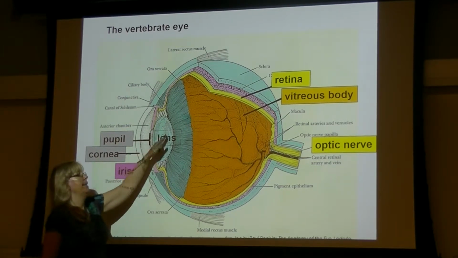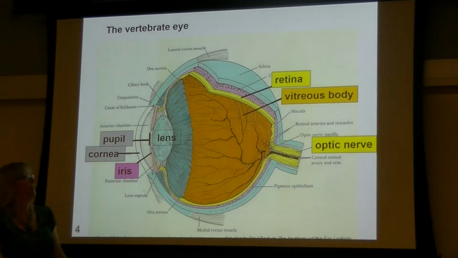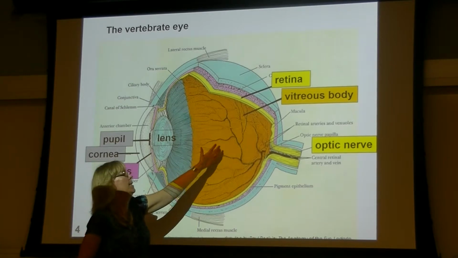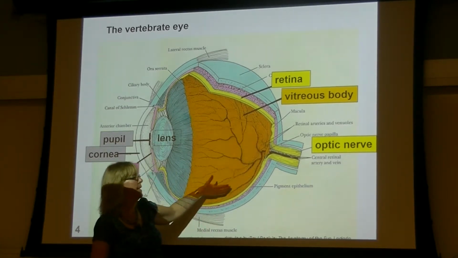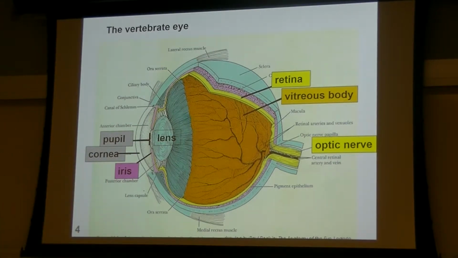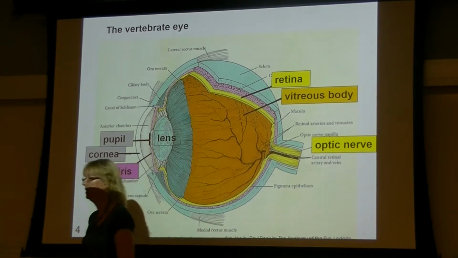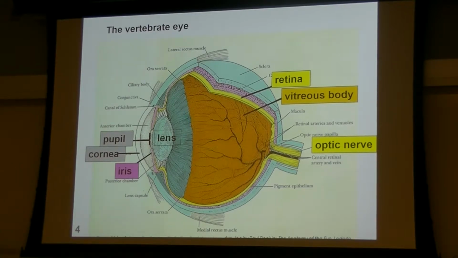Then behind that, a layer of cells that are the lens, and they're refracting the light into this vitreous body. And then the retina cells are in the back, and this yellow layer is going to contain some of the cells that are contributing to the retina, and then finally all of these neurons contribute to the optic nerve.